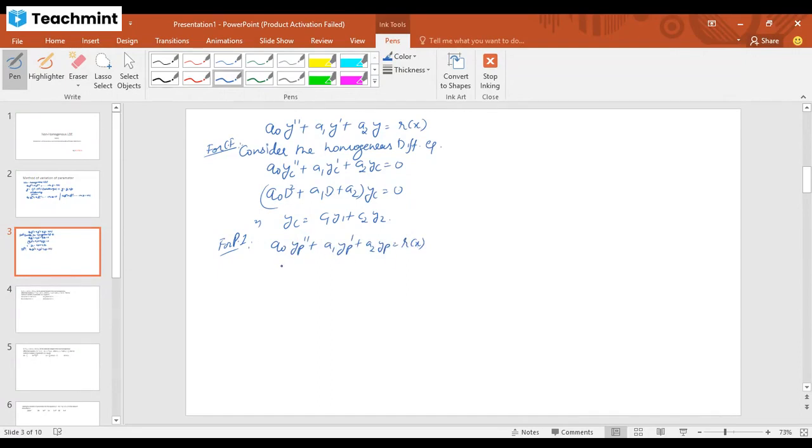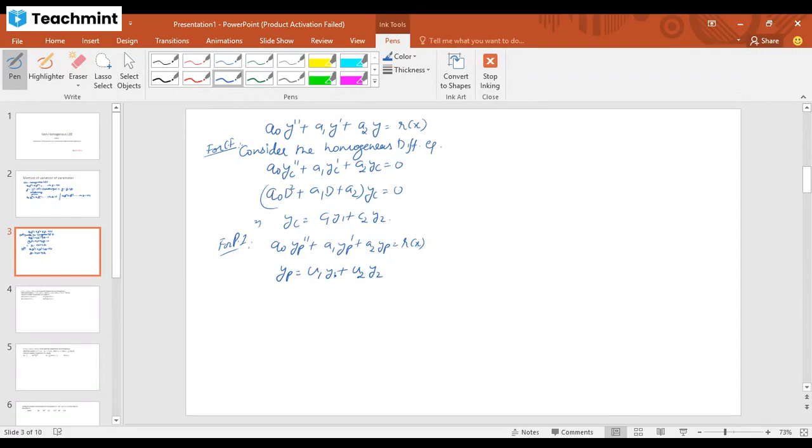In this case, we start with the trial solution: let yp be equal to u1 y1 plus u2 y2. Here we are simply assuming these constants as variables, as parameters. That's why this method is said to be the method of variation of parameter.